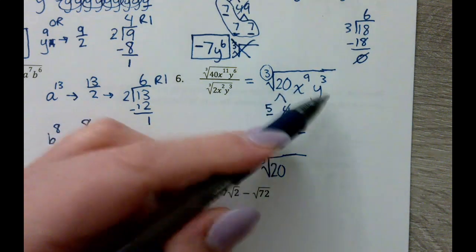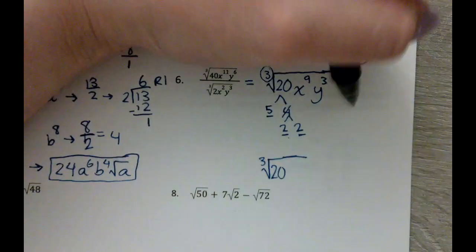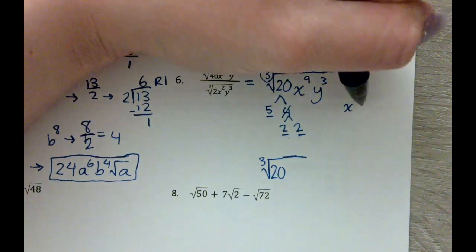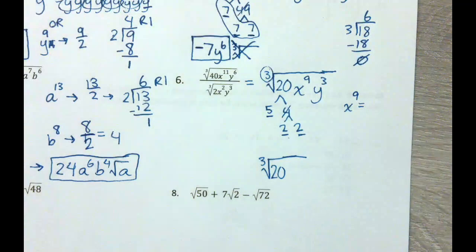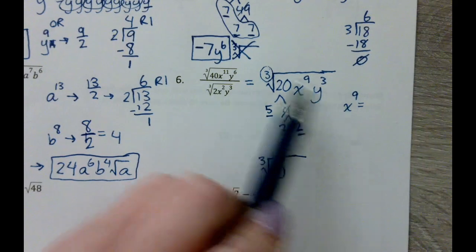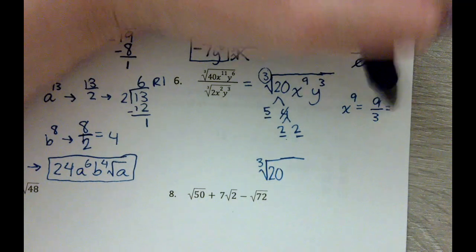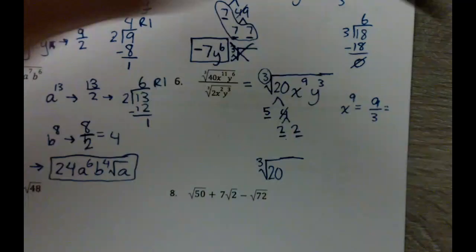Now we could bring out some letters, and we will bring out some letters in a moment. So now let's work on the letters. X to the 9th. Again, write out 9 x's and circle groups of 3 if you'd like. Or just take that 9 and we're going to divide it into groups of 3. So 9 divided by 3. Hopefully you recognize, hey, that's 3.